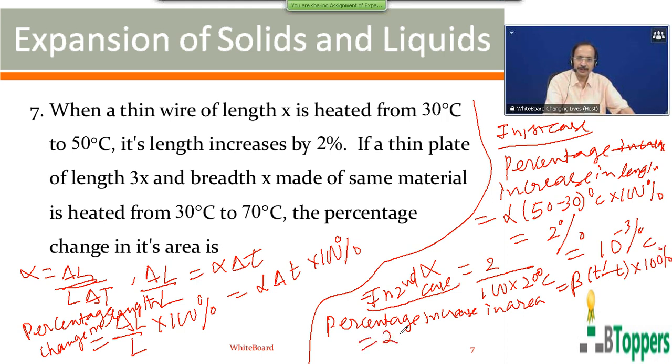That you can write as 2 times the coefficient of linear expansion. Alpha is 10 power minus 3 per degree, so beta I can take as 2 in 10 power minus 3 per degree. In the second case, temperature increases from 30 degree centigrade to 70 degree centigrade. So increase in temperature is 70 minus 30, into 100%. You simplify this, you get the answer as 8%.